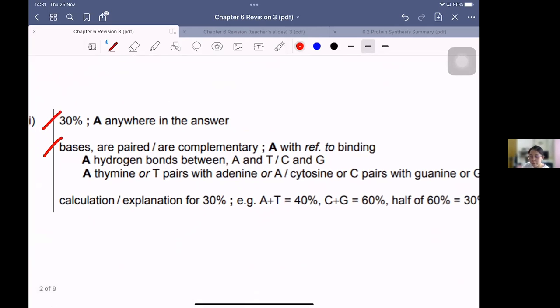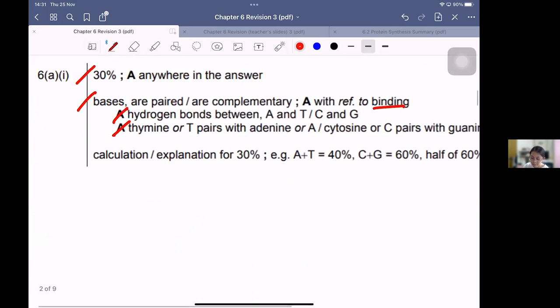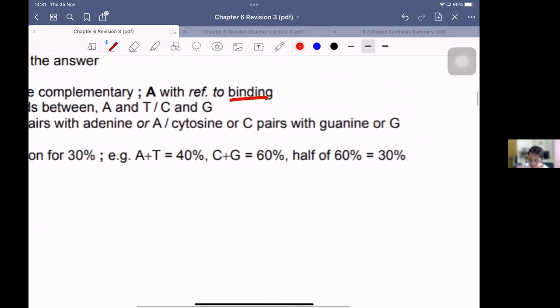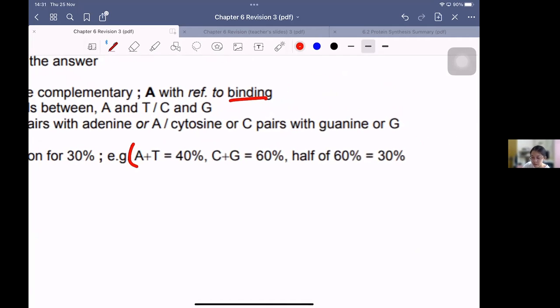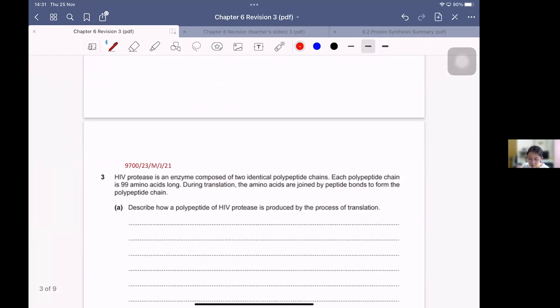You can talk about the binding: hydrogen bonds between A and T, C and G, or thymine (T) pairs with adenine (A), cytosine (C) pairs with guanine (G). We also can get marks for the calculation. This is what I've already explained just now, and the answer is 30%. So moving on to the next question.